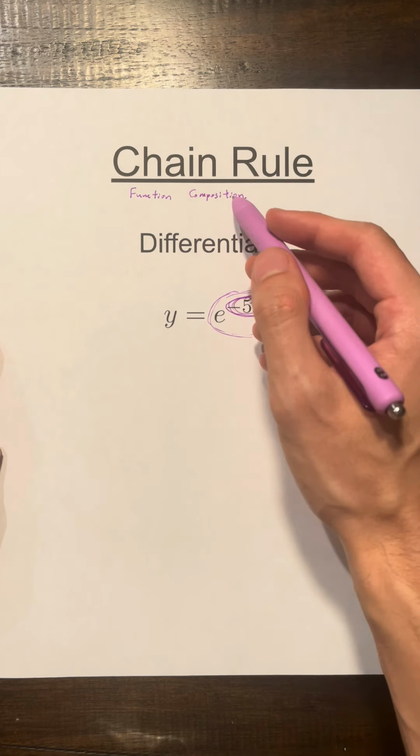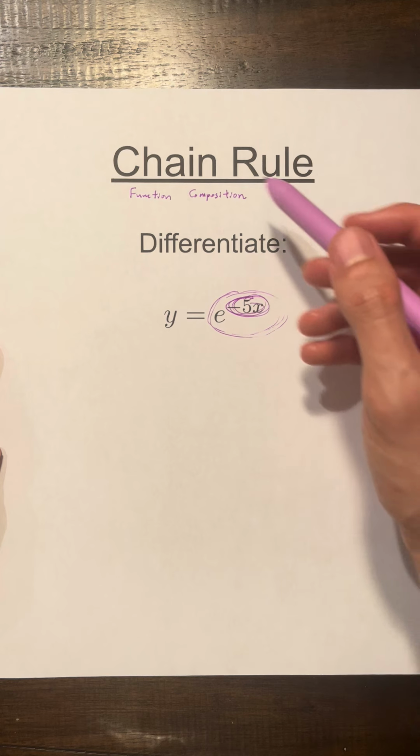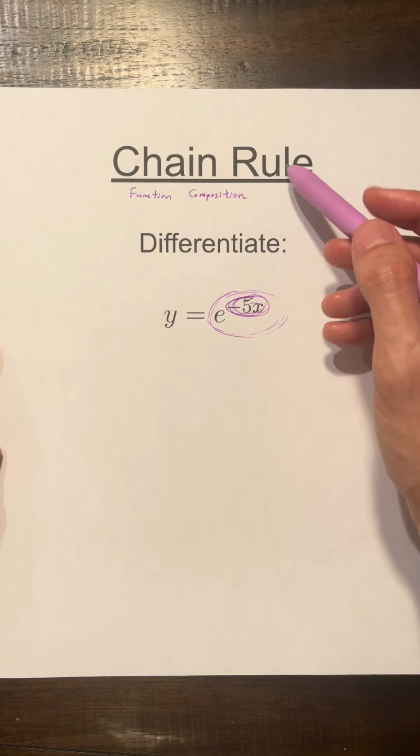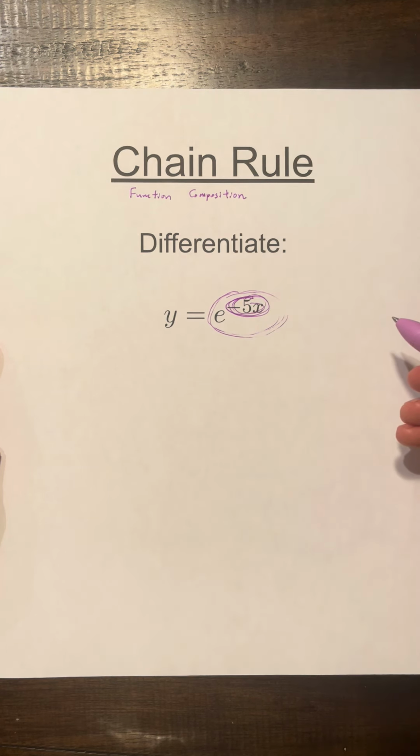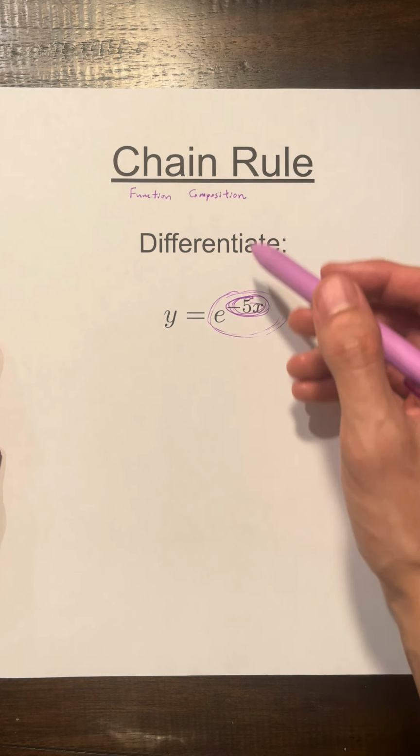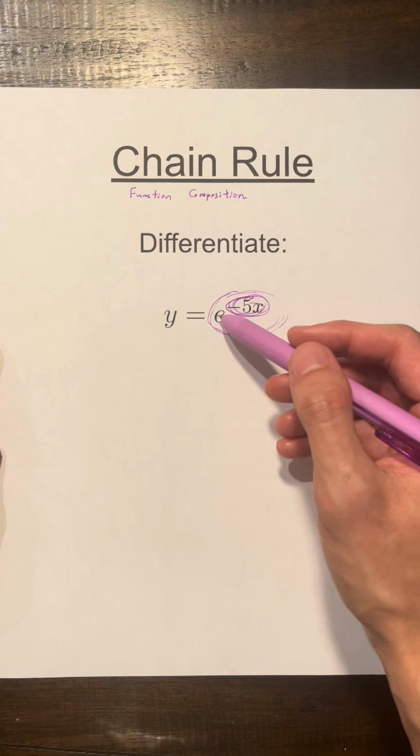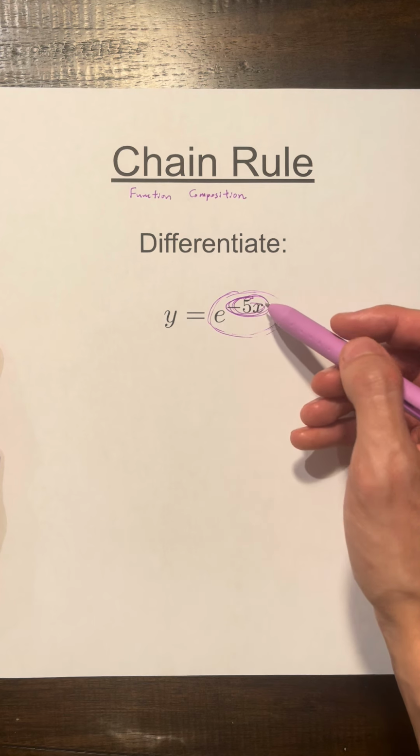So if you see function composition, think chain rule. Okay. How can we use chain rule to find the derivative of e to the power of negative 5x?